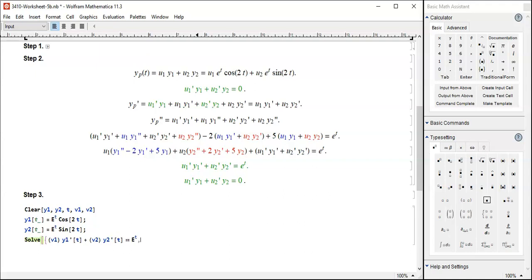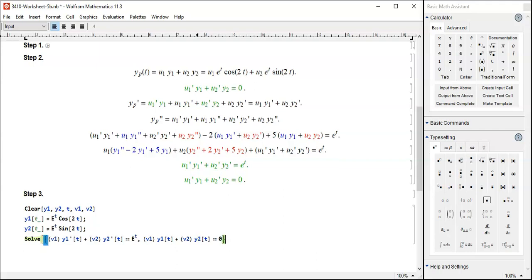There goes one equation. And the second equation, v1 y1 of t plus v2 y2 of t is equal to 0.